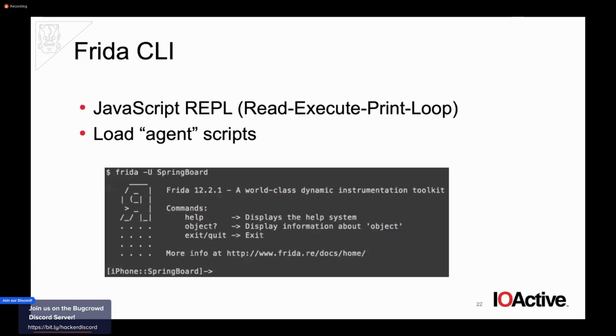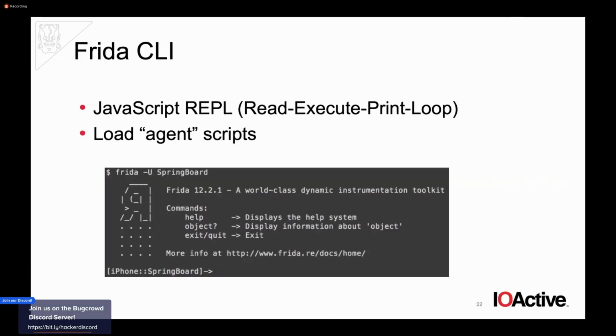So that's where the Frida command line interface comes in. The Frida CLI is a JavaScript REPL, and if you're not familiar with that terminology, that means read, execute, print, and loop. If you've ever used something like the Python command line interpreter or the Node one, that's pretty much what you're going to be working with. This will feel pretty familiar. So we can just type out JavaScript commands in the CLI, and those will be executed in the context of our application.